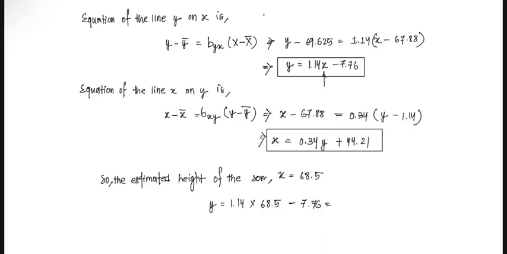This value comes as 70.33. This is the son's height, the estimated value of the son's height. There is no unit given. It can be centimeter, I think, based on the father's side, or this can be feet. Let's remove the unit, as it is not mentioned here.